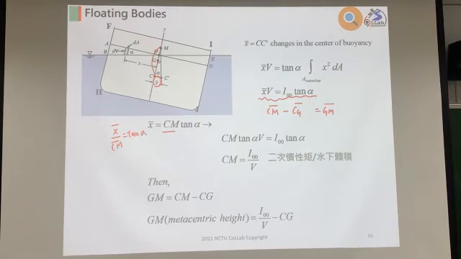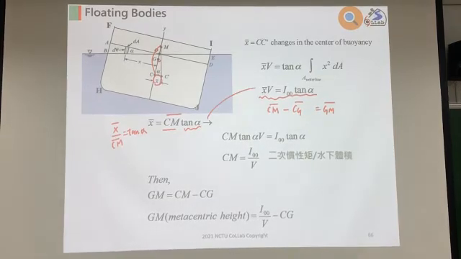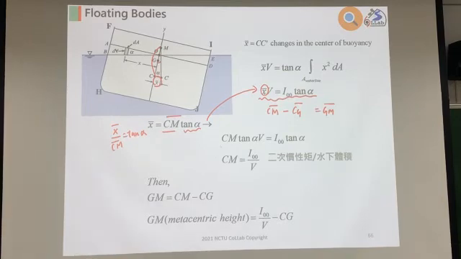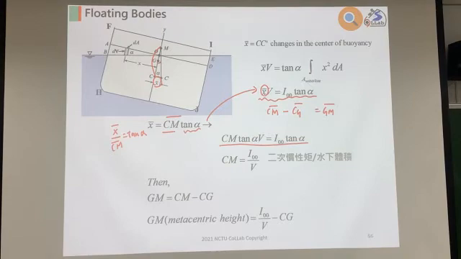So the X bar is equal to the CM distance multiplied by tangent alpha, and then we put the X bar back into these equations here. So we can rewrite the equation as shown here. And then the tangent alpha will cancel out because both sides have the tangent alpha.